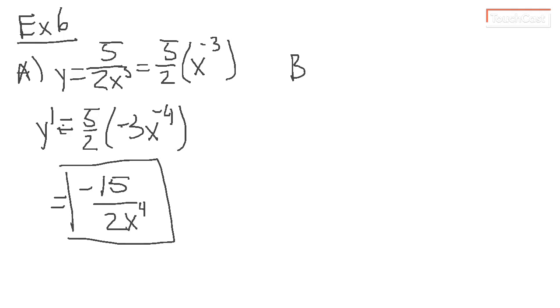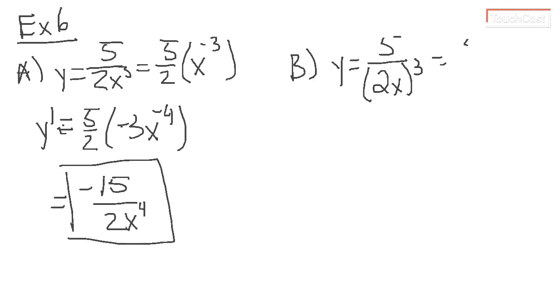Let's look at 6b. We're going to have the function y equals 5, and this time we're going to have in the denominator in parentheses 2x to the power of 3. So we're going to start by rewriting this. We're going to use that power.